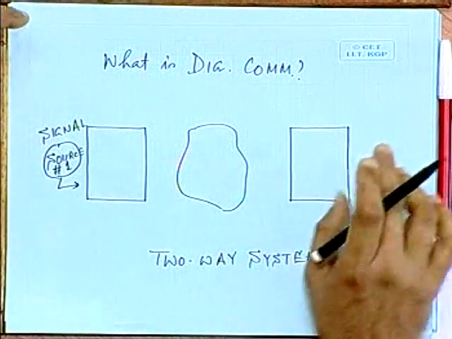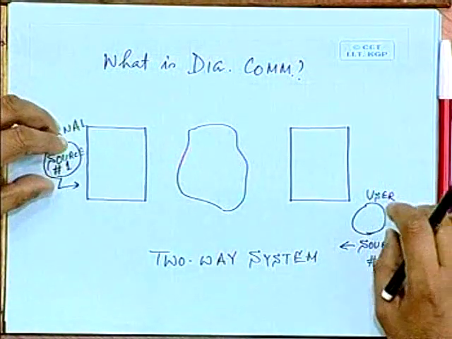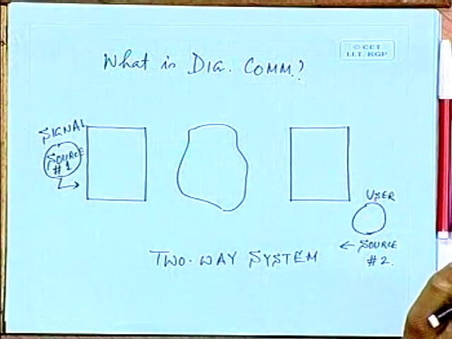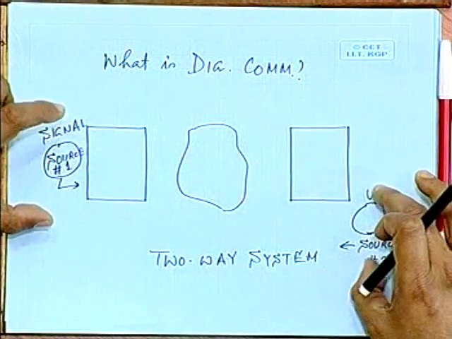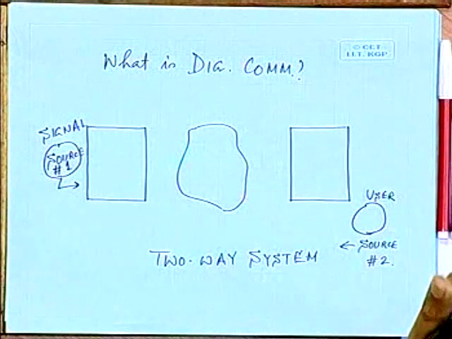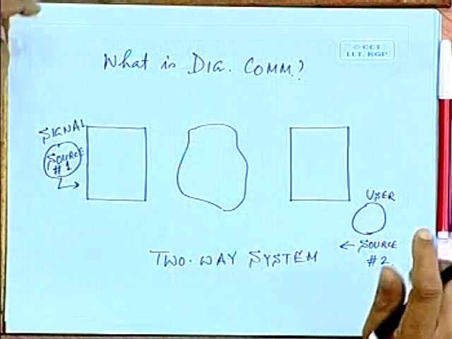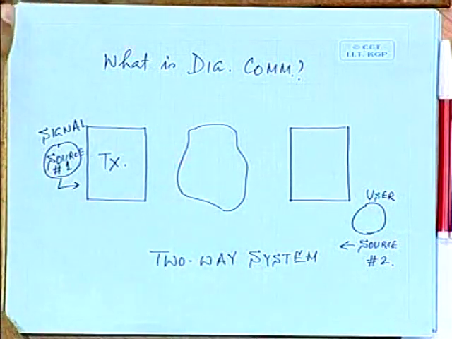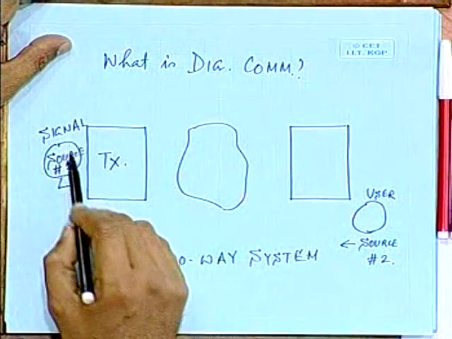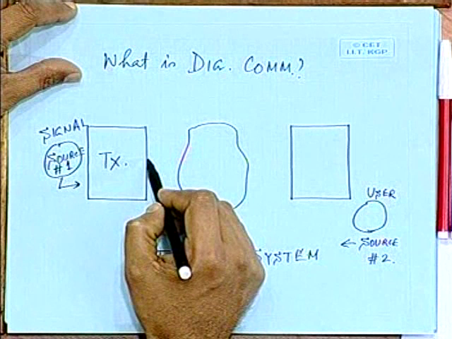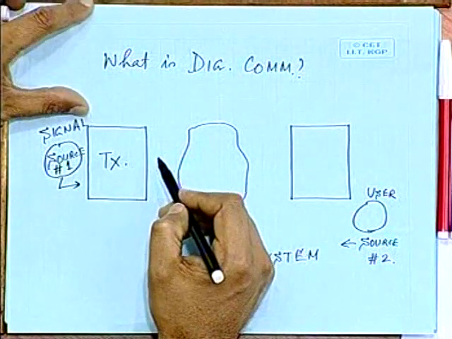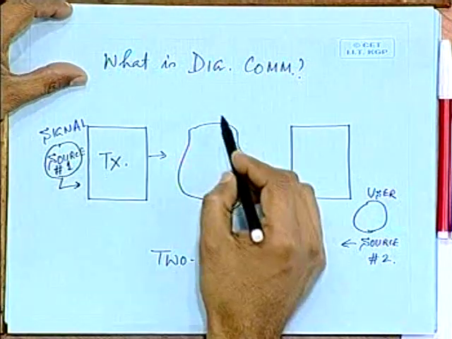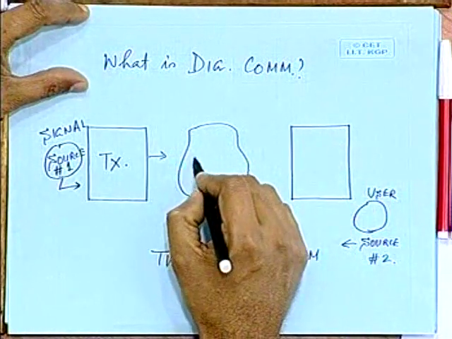That means there have to be links between a pair of users such that they can communicate amongst each other. With this in mind, for a communication system, both analog and digital at the moment, can I say that on the whole there has to be a device which I can call a transmitter, or TX in short, so that the signal from source 1 can be taken and some signal processing can be carried out, and something can be generated from this transmitter, which will go through what I shall broadly call a channel.